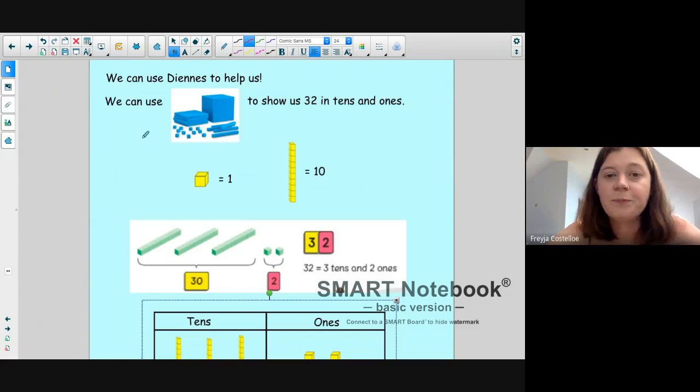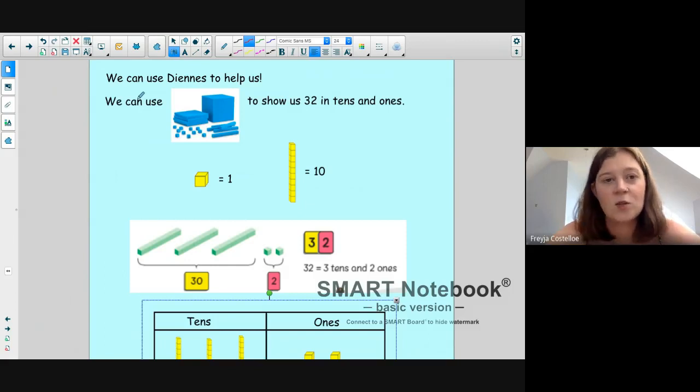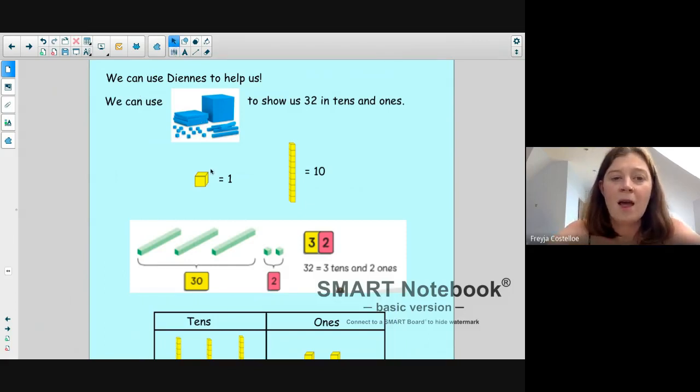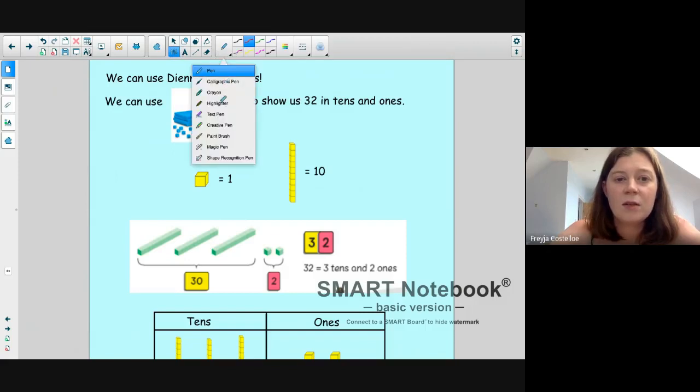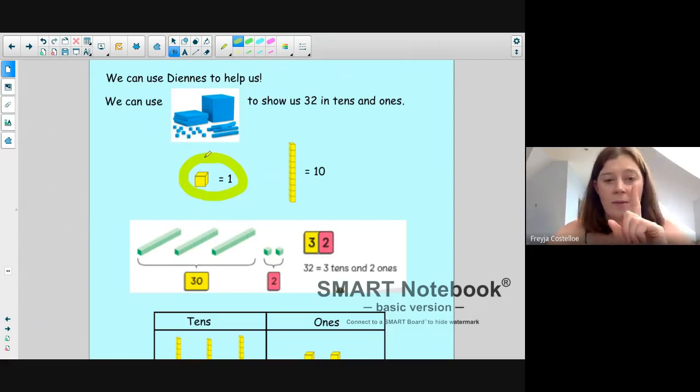We can use Deans to help us work this out. So we can use Deans to show us 32 in tens and ones. And here in this group, I've got my 1 cube here, which represents 1, okay?